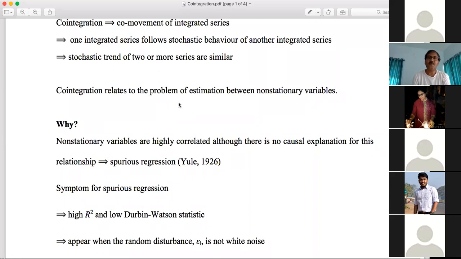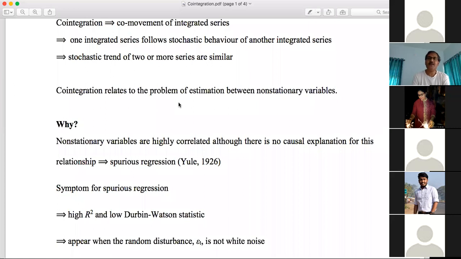But if you mechanically try to calculate correlation between consumption expenditure and car accident, you will get high value of correlation coefficient. So high value of correlation coefficient, at least in statistical sense, indicates number of car accidents and consumption expenditure are highly correlated. But actually there is no meaning of this kind of correlation.